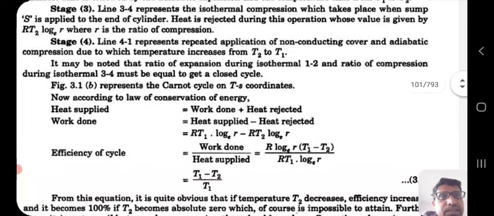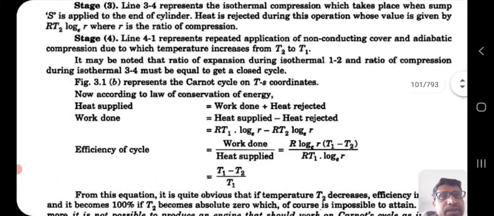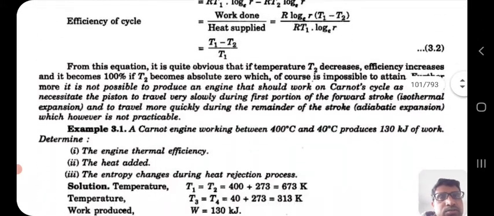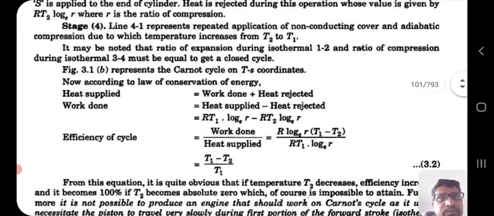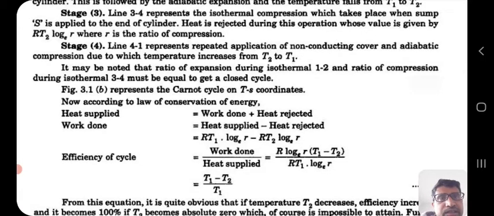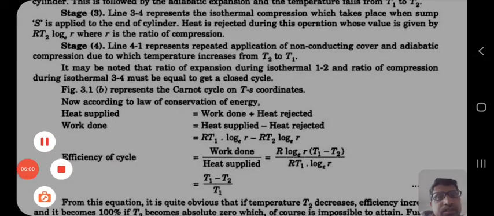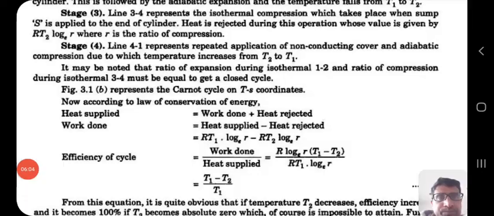Heat is rejected during this operation whose value is given by RT2 log R, where R is the ratio of compression or compression ratio. Actually compression ratio is the maximum volume by minimum volume.